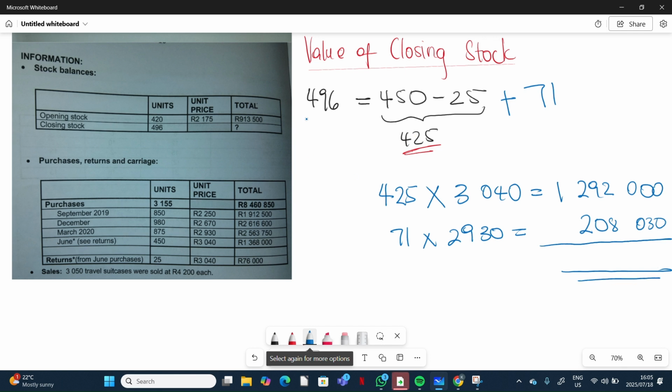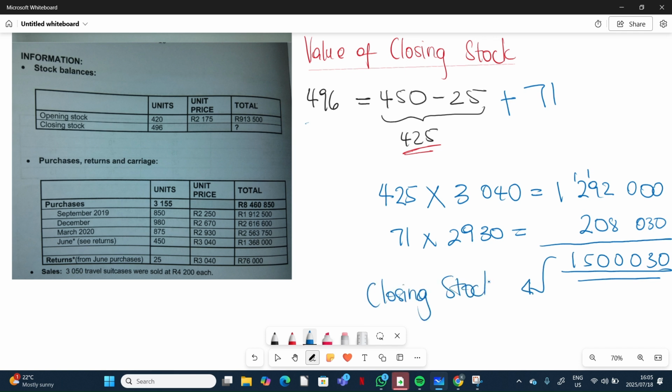So now, what is the value of the closing stock? The value of the closing stock of the 496 units is basically just going to be 1,500,030. So this is basically going to be the value of the closing stock because that is the stock that is left in the business that we haven't sold, right? Remember, it is the 425 units from June that we haven't sold.